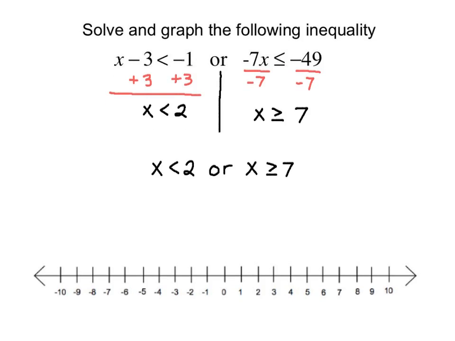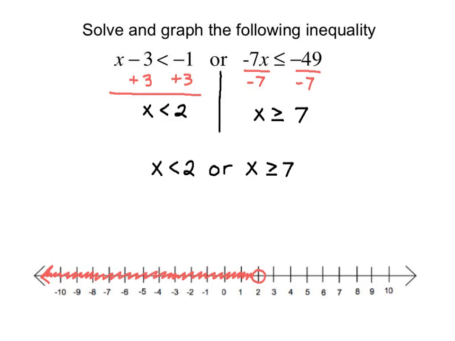And since it's strictly less than, I'm just going to leave an open circle at the 2. And less than 2 implies that I'm going to shade to the left. In other words, our solution set is going to be everything to the left of the 2. So all these negative numbers are going to be part of our solution, all the way down to negative infinity. So I'm going to shade everything right down to the arrow here.